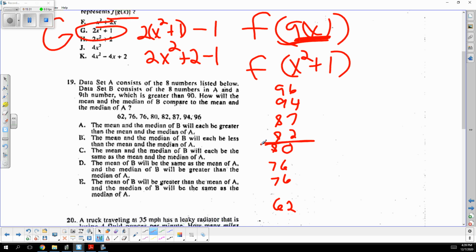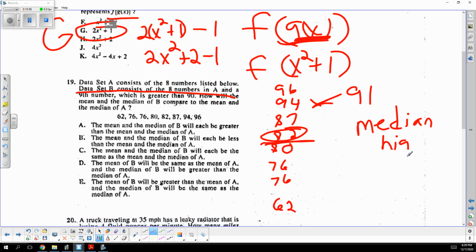Set B is the same numbers and a ninth number which is greater than 90. So something greater than 90 goes right here. Okay, so that will make the median higher, because the median now becomes 82, not the average of the two numbers.